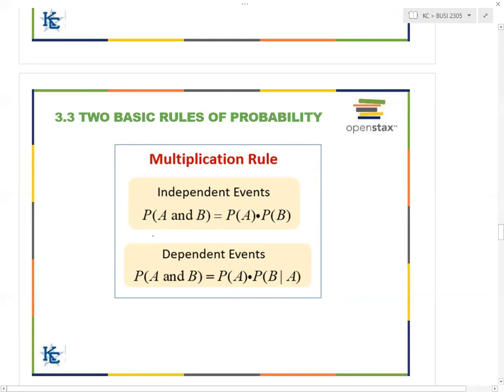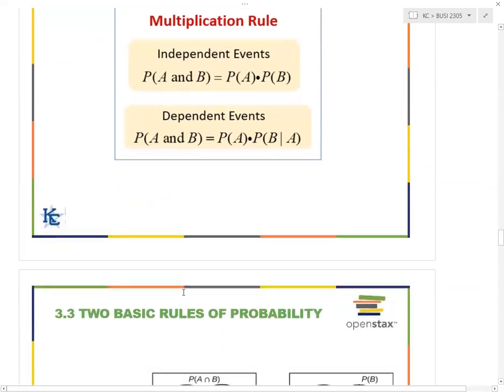And so these are our two multiplication rules here.